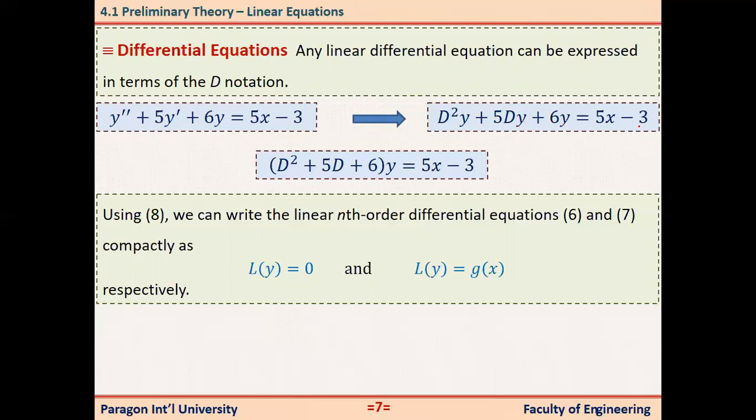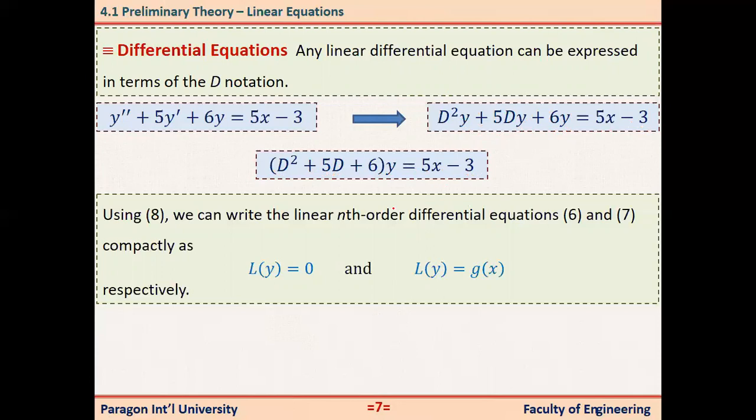On the right-hand side, we have 5x minus 3. As you see here, y is a common factor. Taking this out, we will have this equation: D squared plus D plus 6 times y is equal to 5x minus 3.